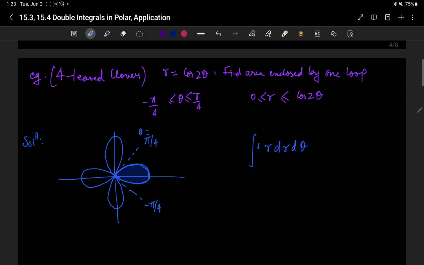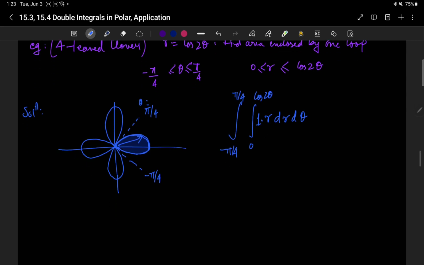Why is that? The function itself is 1, because whenever you're finding the area, if you take the distribution of mass as just 1, then you get the actual area. So it's 1 times the element, dr d theta. The only thing changing here is that r goes from 0 to cosine 2 theta, so think of it as going radially outward, and theta goes from negative pi over 4 to pi over 4.